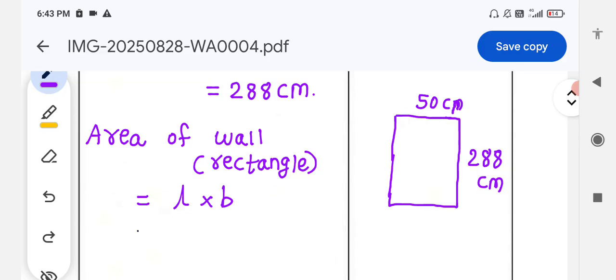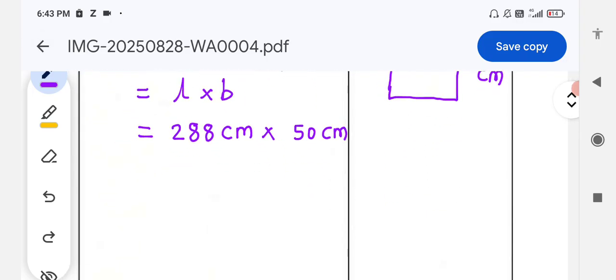So here we take the length as 288 centimeters and the breadth as 50 centimeters. If the length and breadth are in centimeters, the unit of area will be square centimeter. Let us multiply 288 into 50.